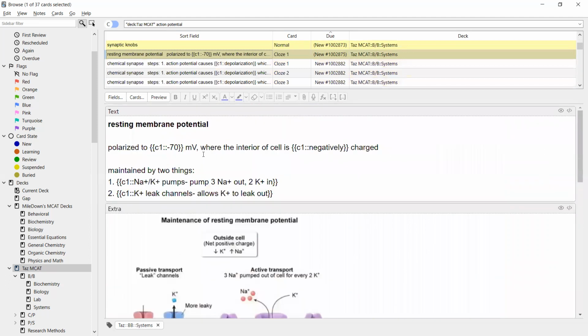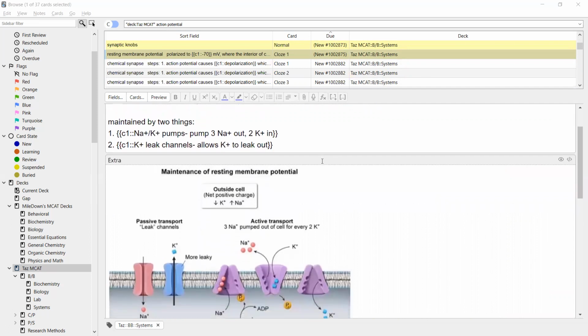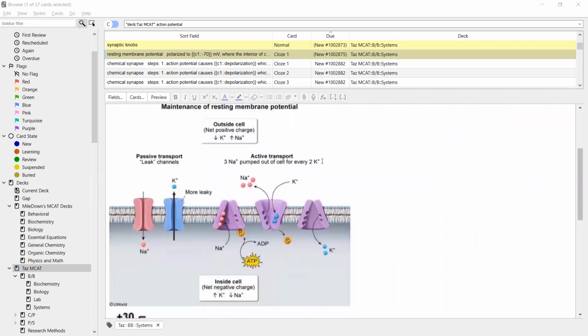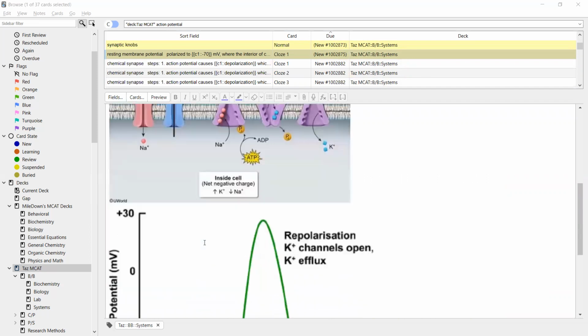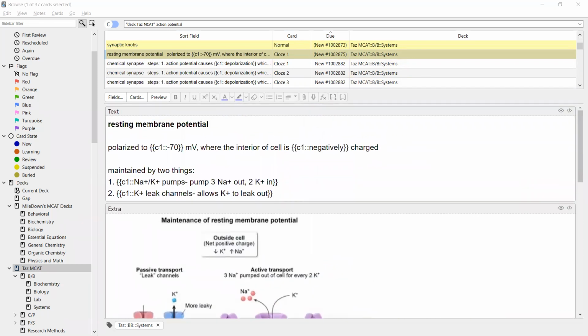Okay, so we talked before about transport, right? And we talked a little bit about the cell membrane and these kinds of things. So the membrane of the cell has a resting membrane potential, right? It has a voltage. Why?